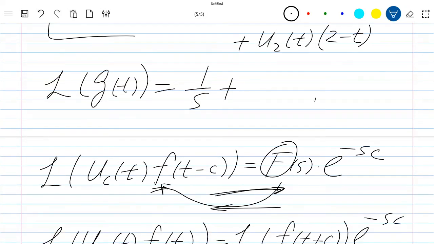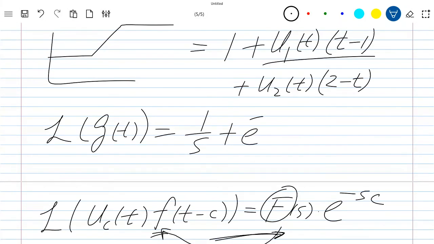Then this is e to the negative sc, and that's just s. Then you change t to t plus 1, so just that. Then this is e to the negative 2s, and you replace t by t plus 2, so this is negative t.